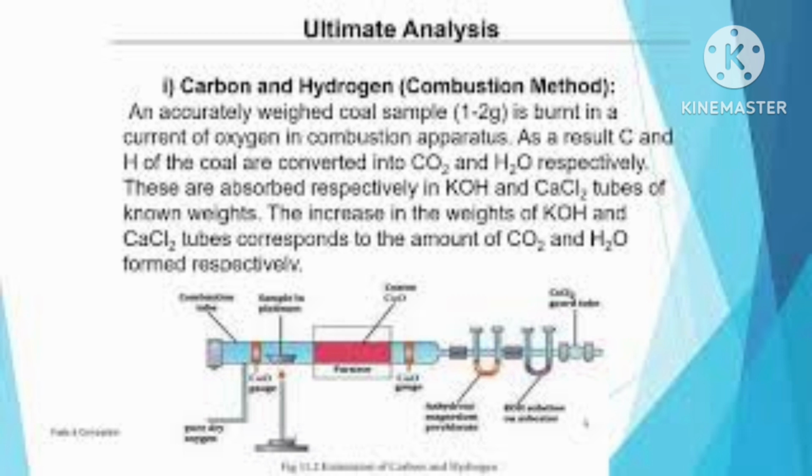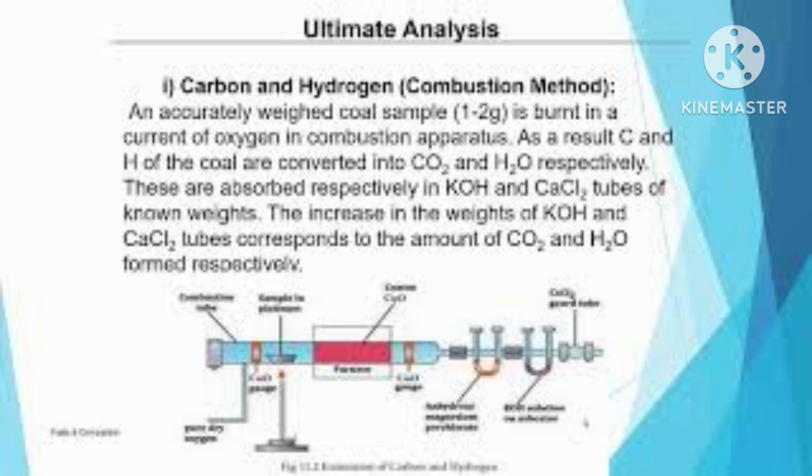Prussian blue color confirms the presence of nitrogen, meaning the compound has nitrogen. If Prussian blue does not develop, then nitrogen is not there. If Prussian blue forms, then nitrogen is confirmed.